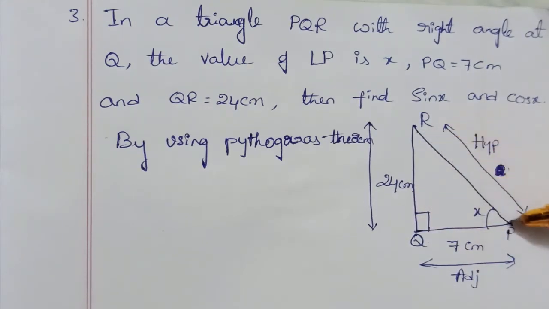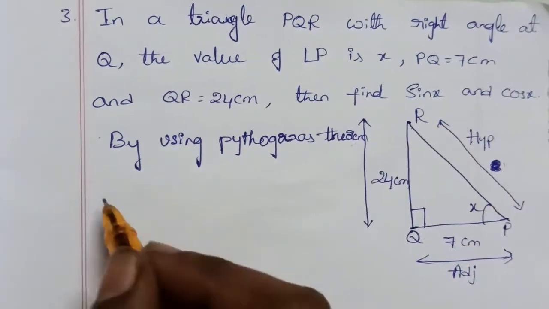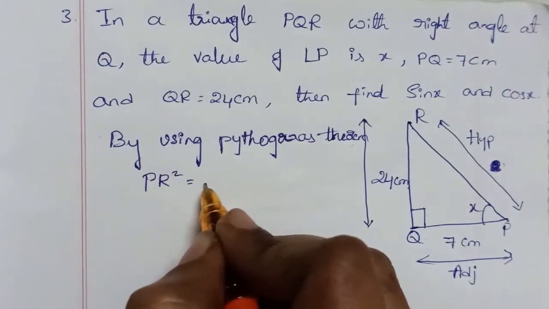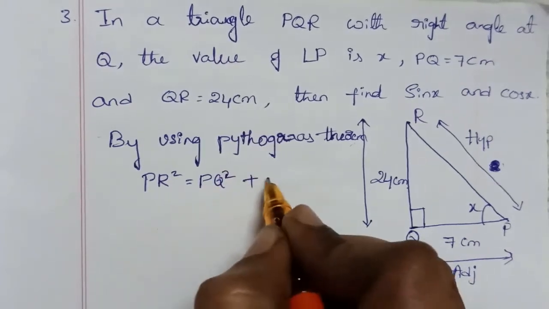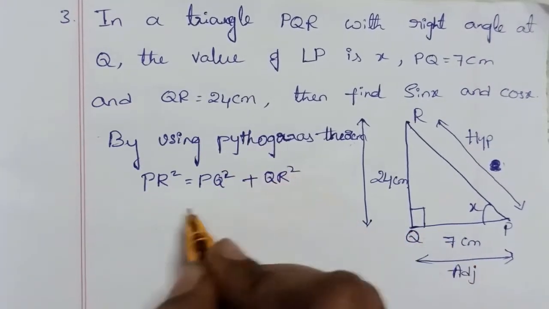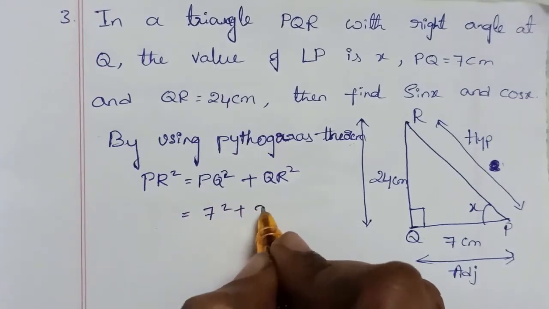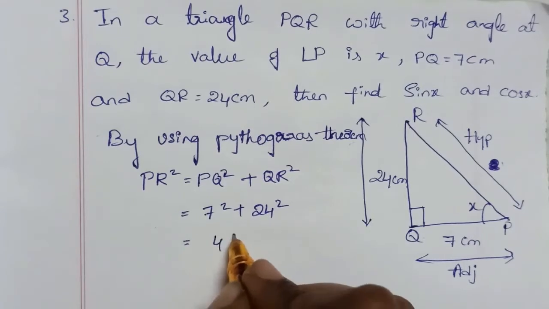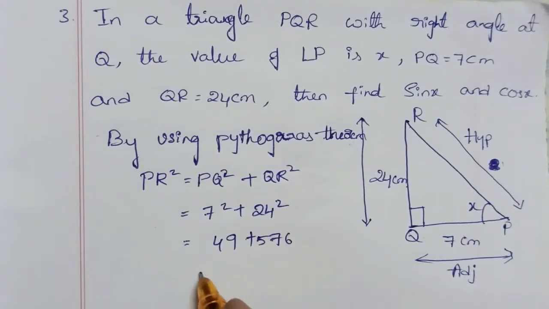Now we find the length of PR. By using Pythagoras theorem, PR square equal to PQ square plus QR square, that is equal to 7 square plus 24 square, that is equal to 49 plus 576 is equal to 625.